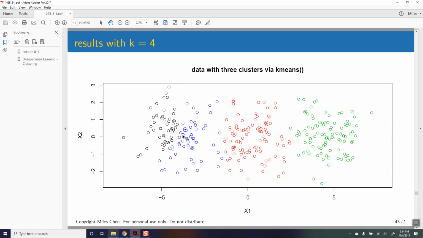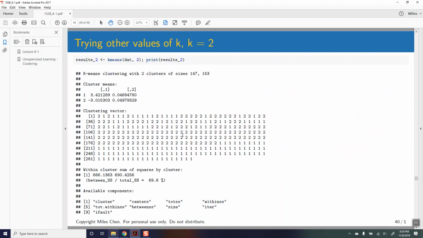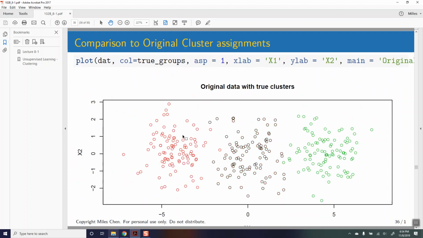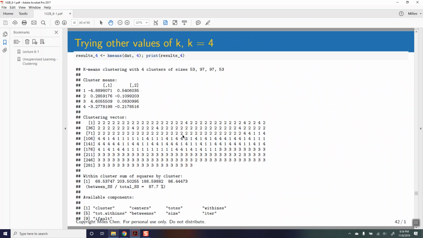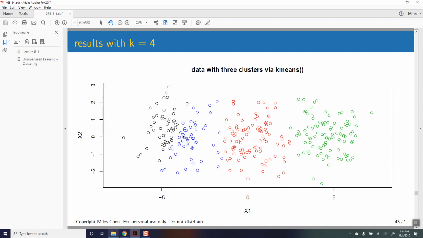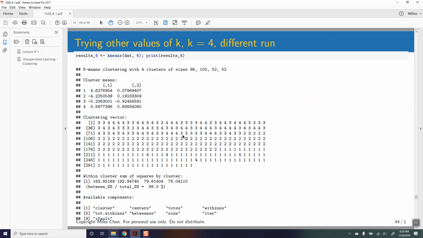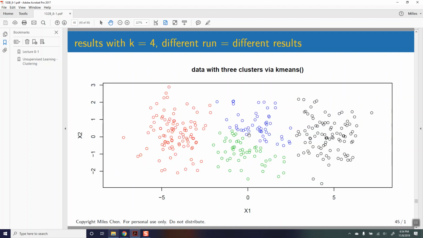Is this more correct than this? I don't know. And is this more correct than this, right? I don't know how to answer this question. And I don't know if we should say we're splitting hairs or not.